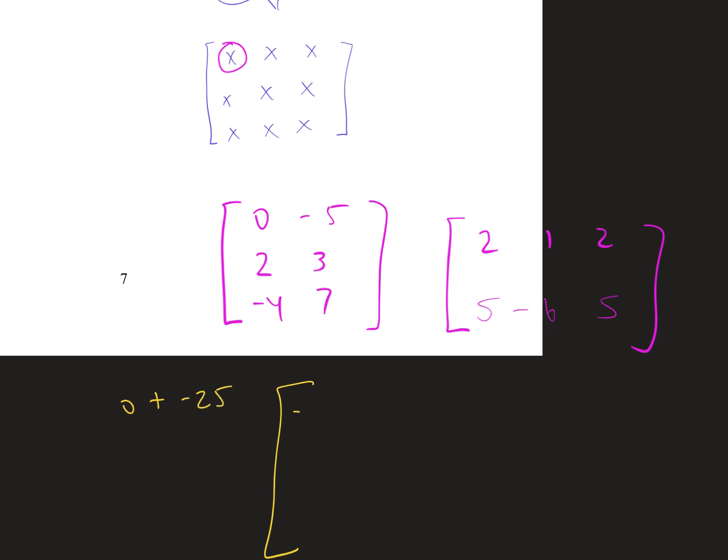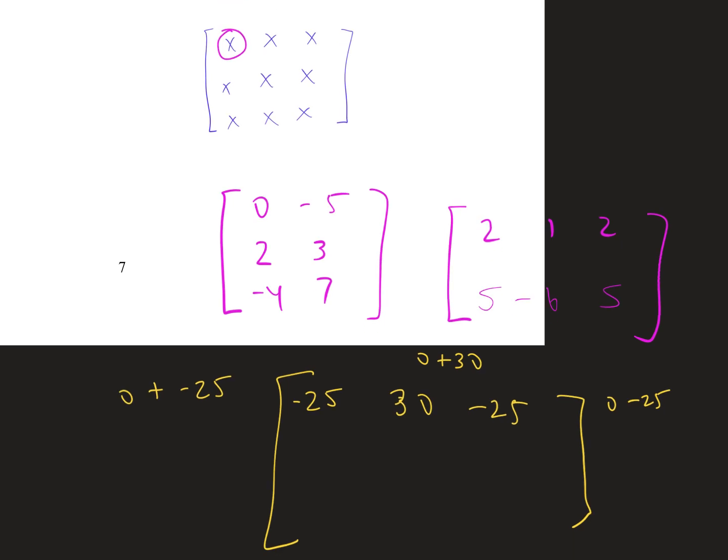So this piece right here is negative 25. Now first row, second column. 0 times 1 is 0. Negative 5 times negative 6 is positive 30, correct? So this is 30. And then first row, third column. 0 times 2 is 0, and negative 5 times 5 is negative 25. So this is negative 25. Everybody with me?